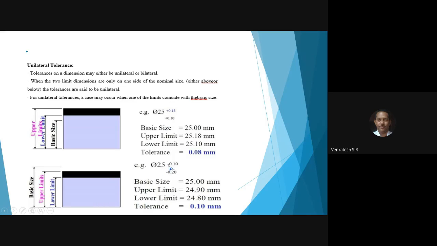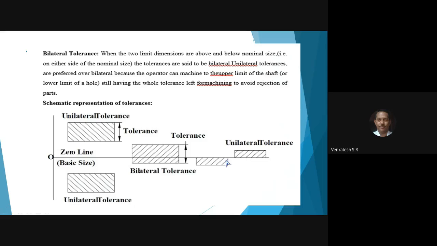Here, both the limits are negative, minus 0.10, minus 0.20. Specifying the limits like this is called unilateral tolerance. If you specify the limits positive and negative, lower limit and upper limit, then it is called bilateral tolerance. You can analyze the unilateral tolerance and bilateral tolerance.